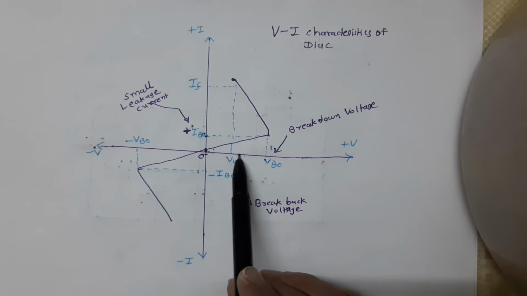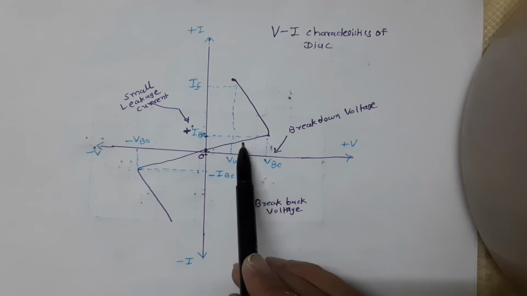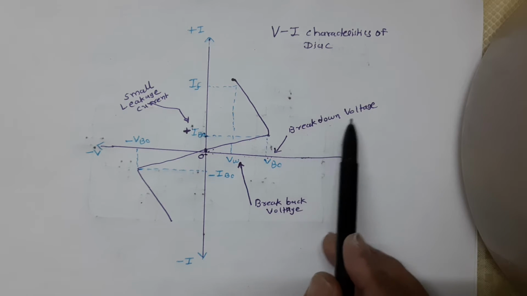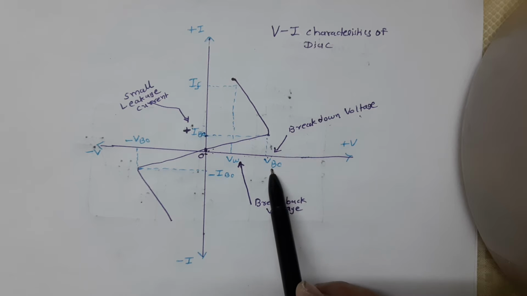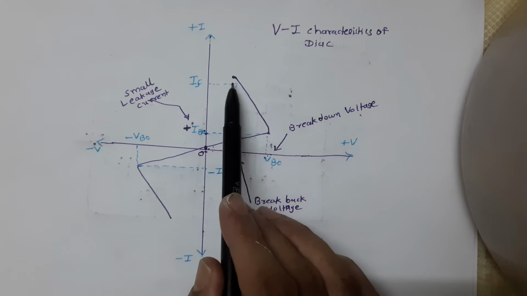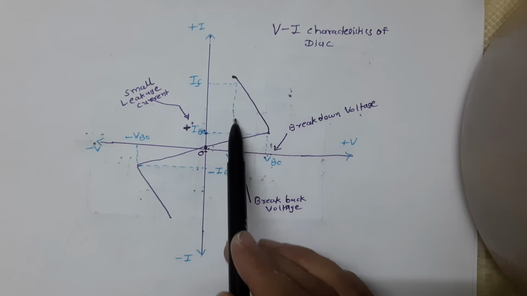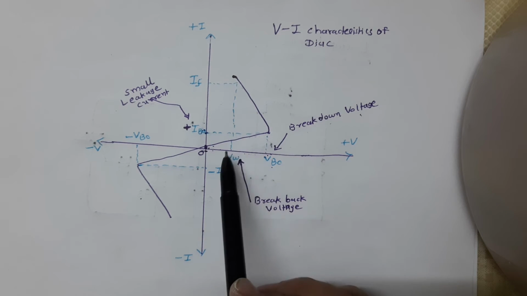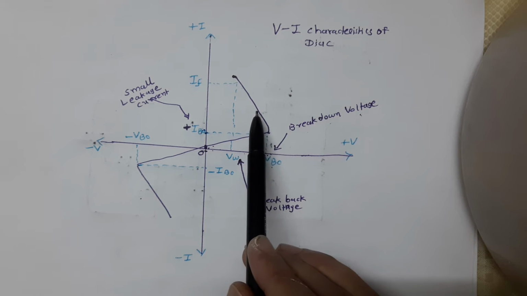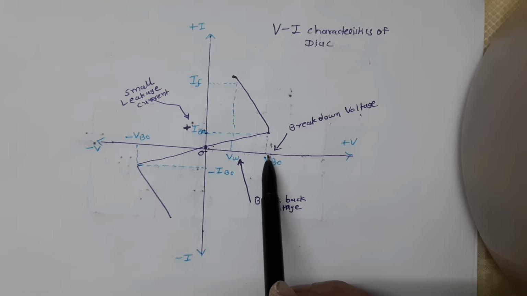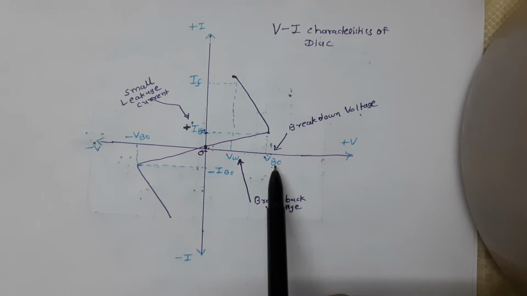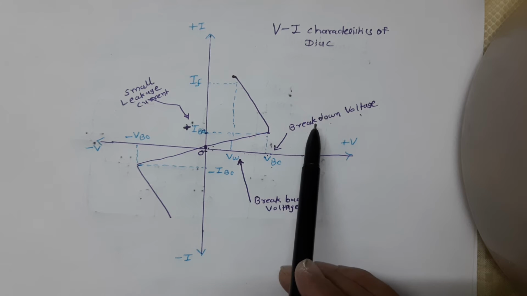According to the voltage, current increases. But when it reaches VBO, the breakover voltage, the voltage decreases and current increases. The current is more compared with the voltage. This is the breakover point, at which the current increases and voltage decreases.